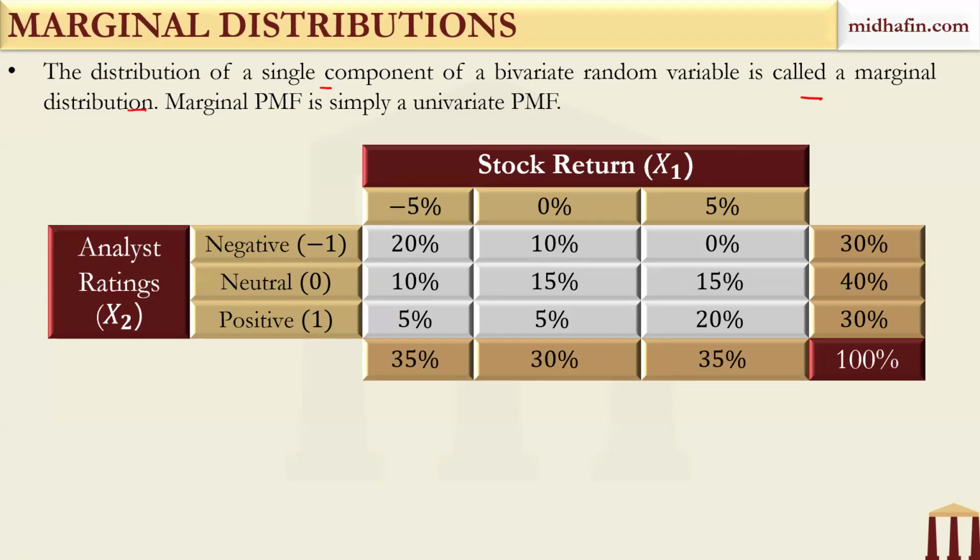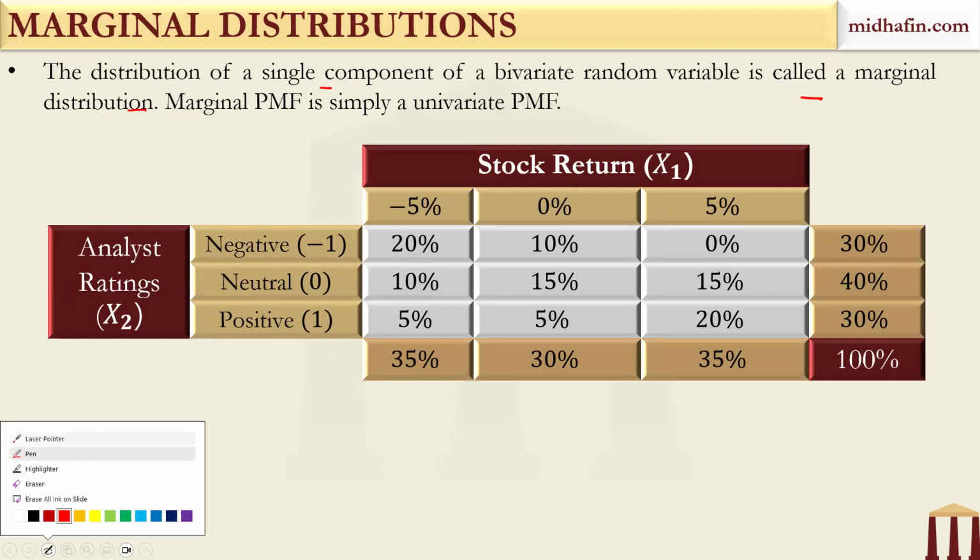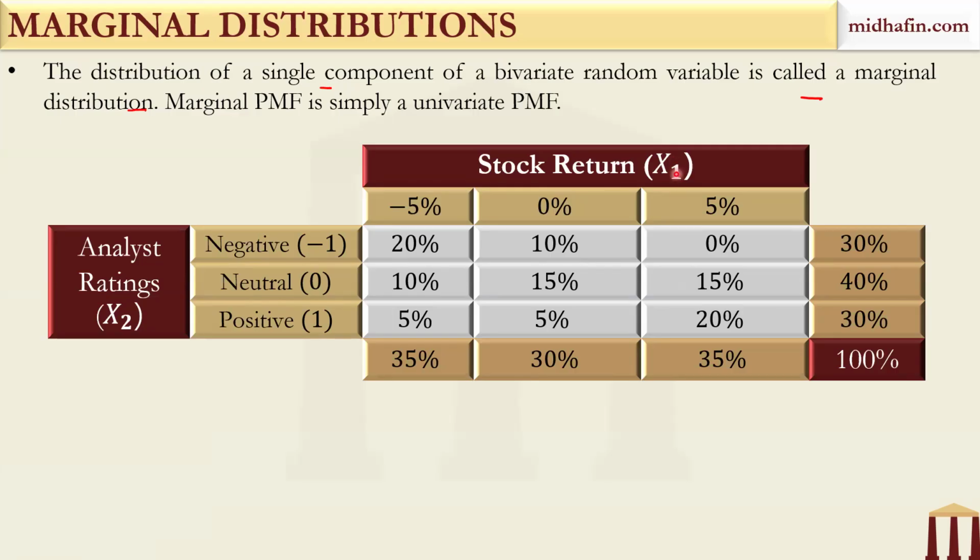That is why it is a univariate PMF. To find the probability of a single component, you sum all the joint probabilities in a particular row or column. How? Let's take an example. Say we want to find the probability that stock return is negative 5%. That's it. So what is the answer? 20 plus 10 plus 5, which is 35%. Clear?